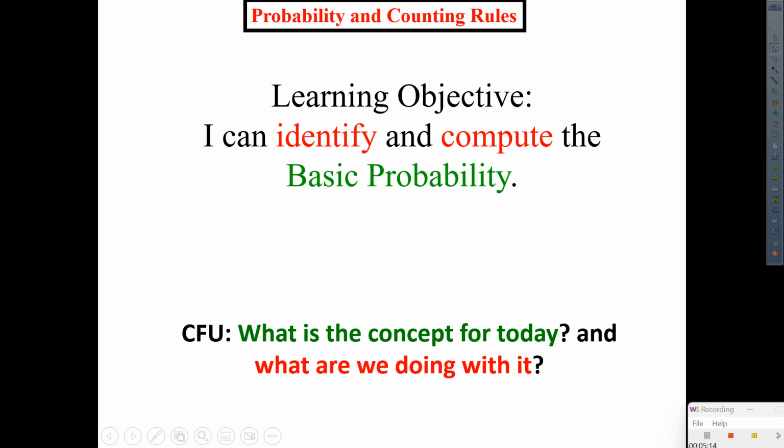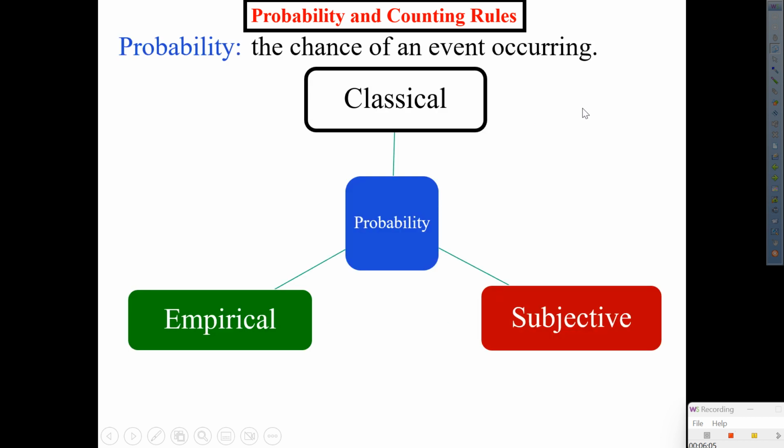We don't need a concept map or FAIR model for basic probability. We already know the definition of probability, right? Tell your neighbor the definition for probability, and the three that we've been focusing on. Very good.